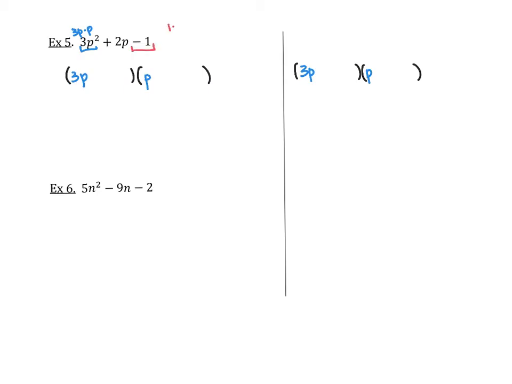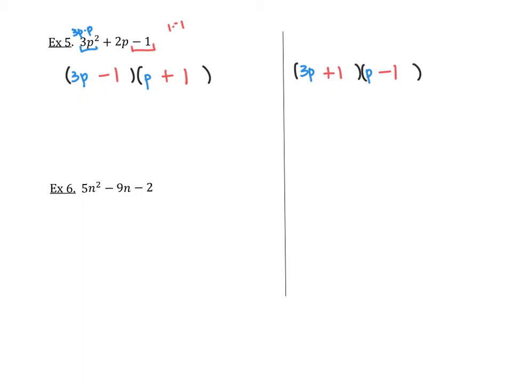It is 1 times 1, but one of them has to be negative. Okay, so I'm going to just kind of guess and see which way it's going to go. So maybe I put negative 1, positive 1 on this one, but then on the other one, I'll do positive 1, negative 1. So these are considered 2 different guesses, even though they're very, very similar.